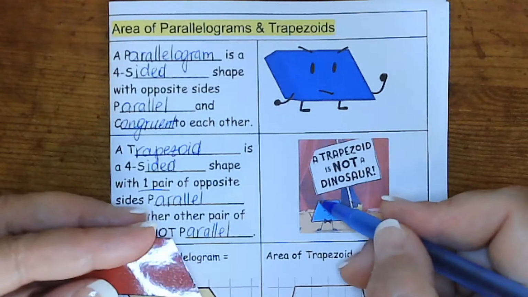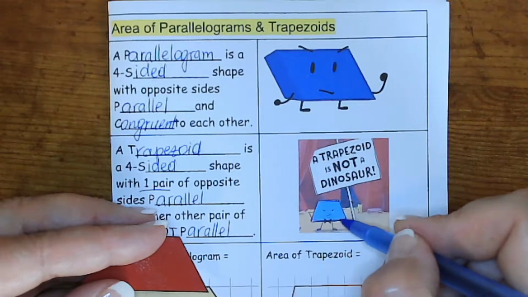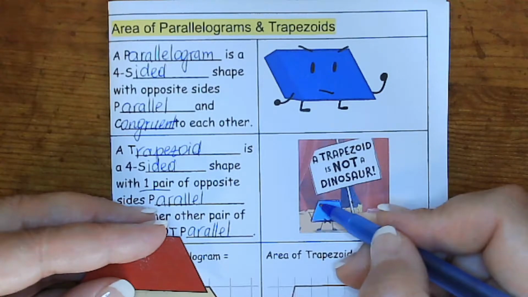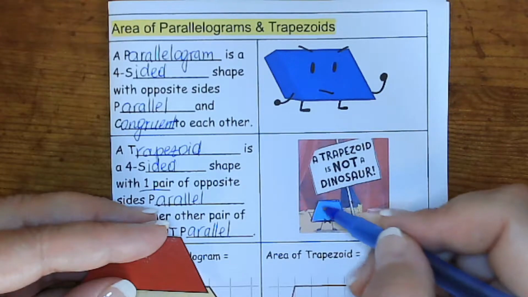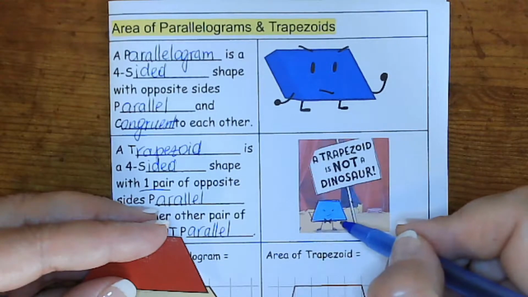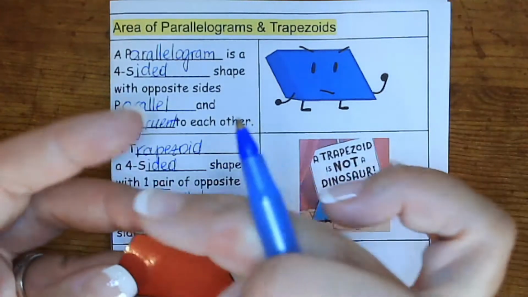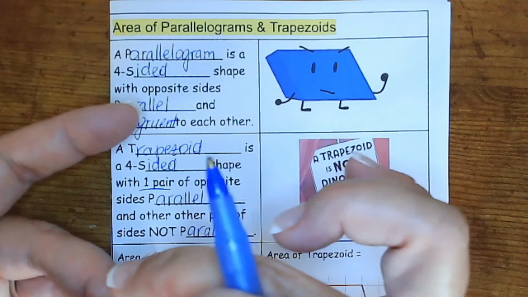So in a trapezoid, we have only one pair of parallel sides, and the other two are just not parallel. They can be equal to each other or not, but it is not important about the other two sides. One pair of sides in a trapezoid is always parallel to each other, and the other pair is not.